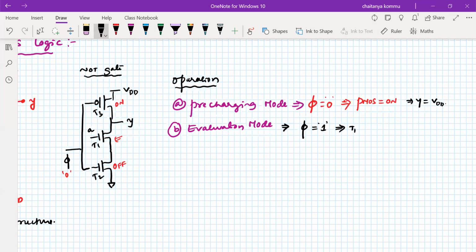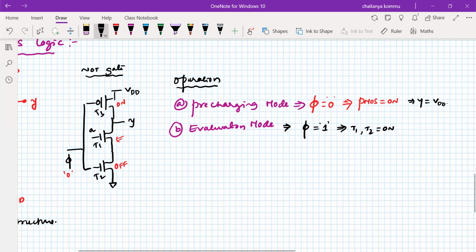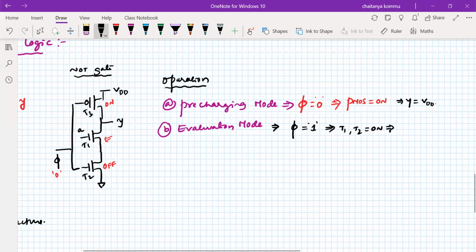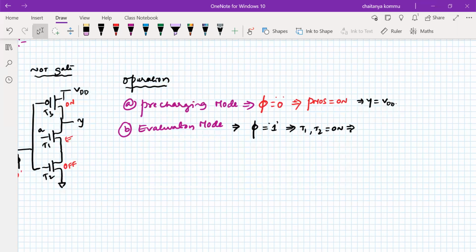Whatever output you see here, that is your actual output. So the output Y is equal to the ground value. That is how we can get the output value.